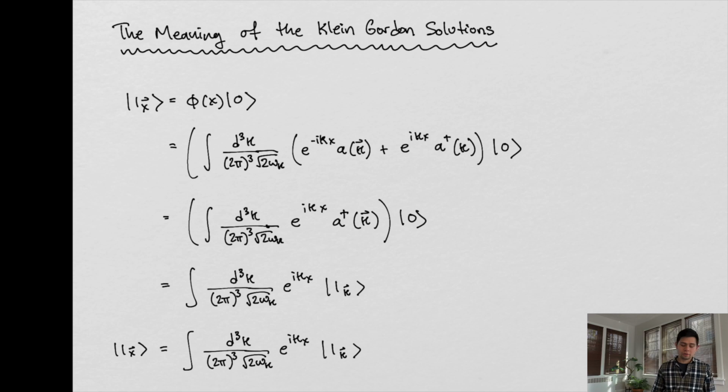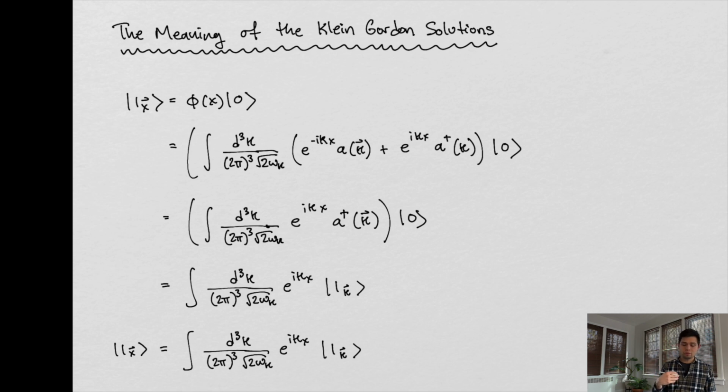So we're going over the meaning of the Klein-Gordon solution, and what I've outlined here is really just a rote derivation of how this goes. We're going to start off by saying that the solution is an operator. The solution to the Klein-Gordon Lagrangian, if you will, or the Klein-Gordon equation.